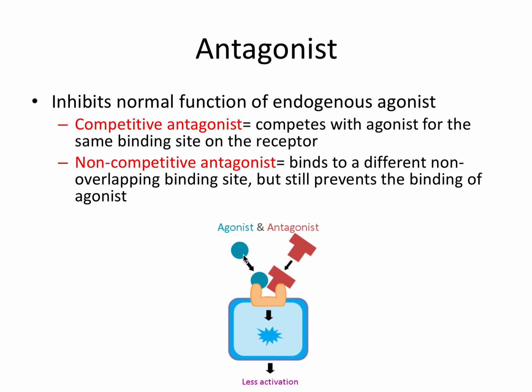We have that agonist molecule trying to bind to the receptor, and our antagonist drug is getting in the way and inhibiting that binding. A non-competitive antagonist binds to a different, non-overlapping binding site, but still prevents the binding of the agonist. So how does that work?